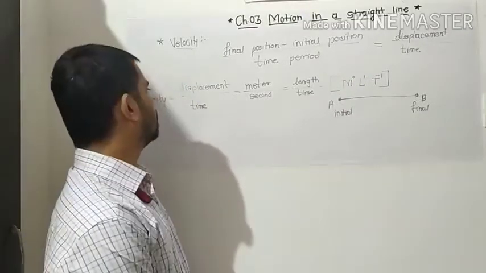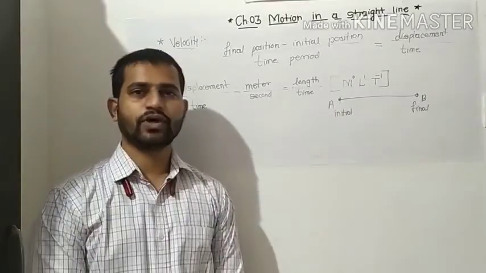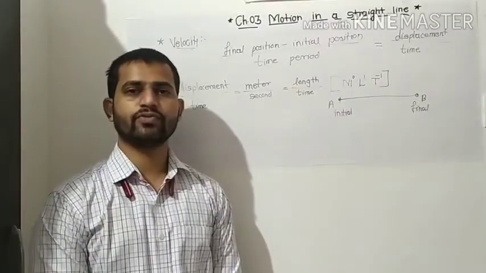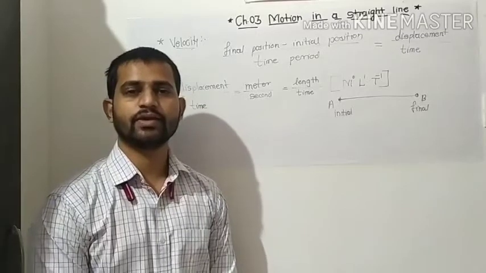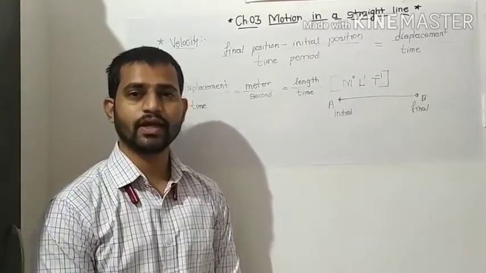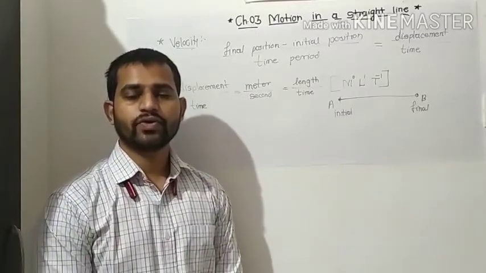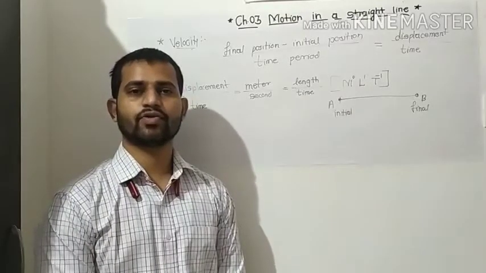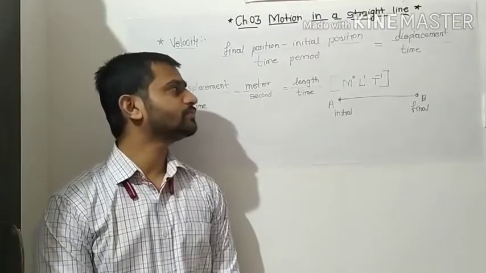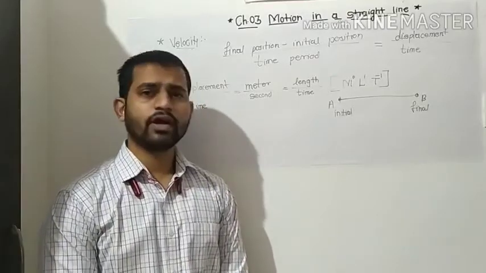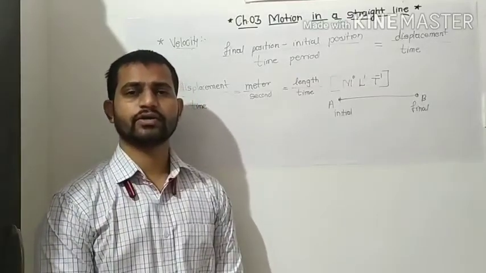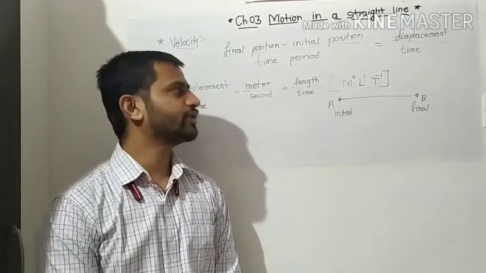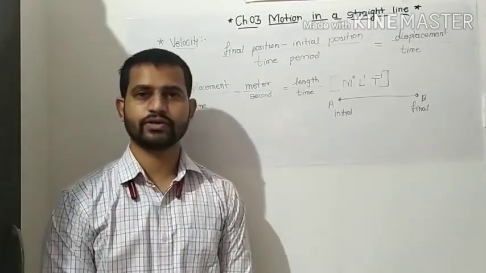So to count the velocity, we have to go for its displacement, then for its time. Then its dimensional formula is nothing but the length upon time. Dimension for the velocity is m raised to 0, l raised to 1 and t raised to minus 1.